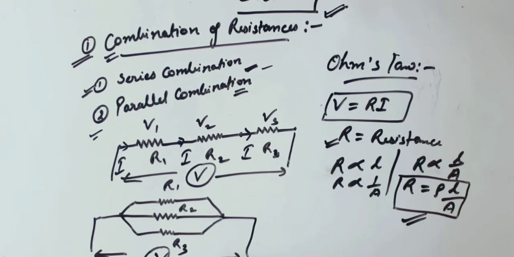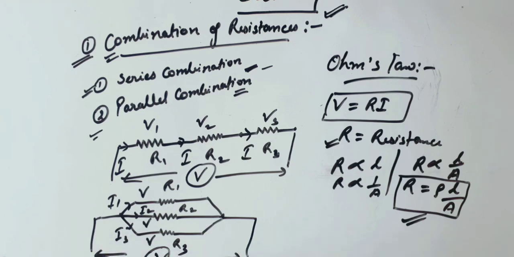If we apply V potential on it, for R1 it is also equal to V, R2 V, and in the case of R3 it is also equal to V. But the flow of current in all these three resistances will be different. Here I1 current is flowing, here I2, and here I3.